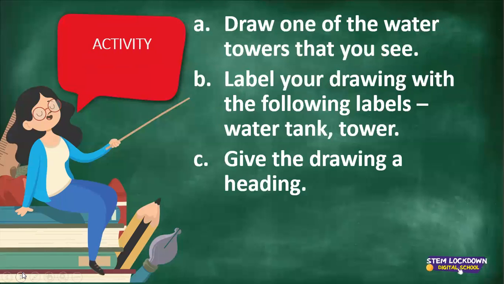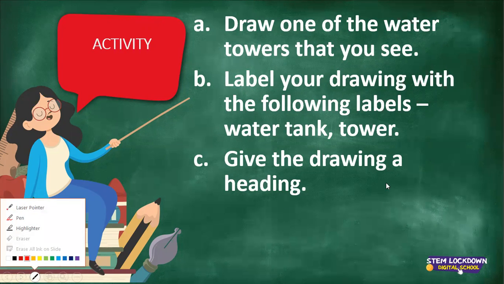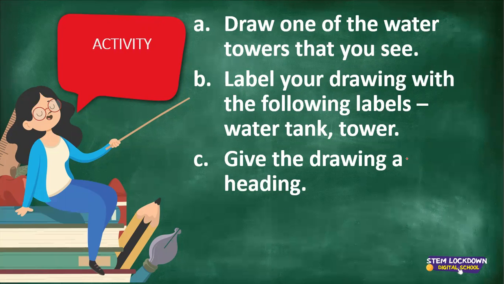Okay, so what you can do is you can draw a water tower. For example, let me try and show you one. Okay, I'm going to draw a very simple one on here, and then you can draw it as well. So let's say you have this big container here.